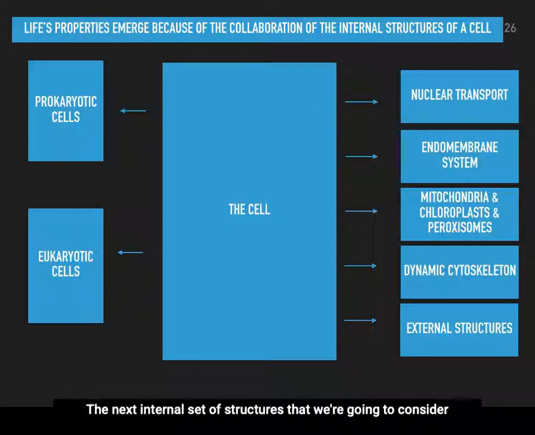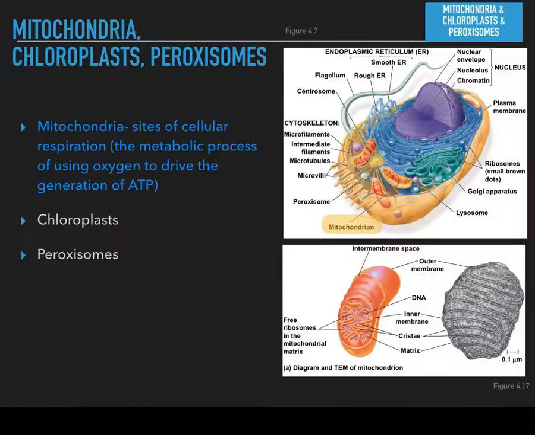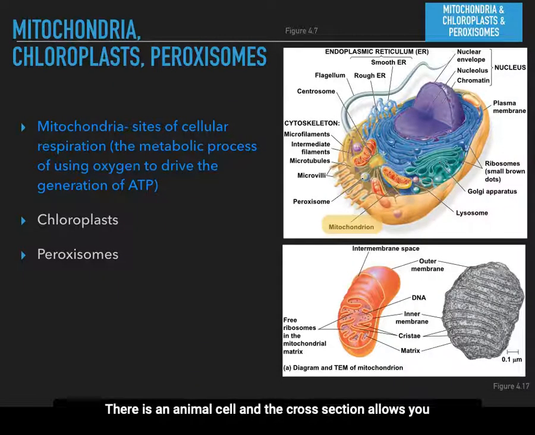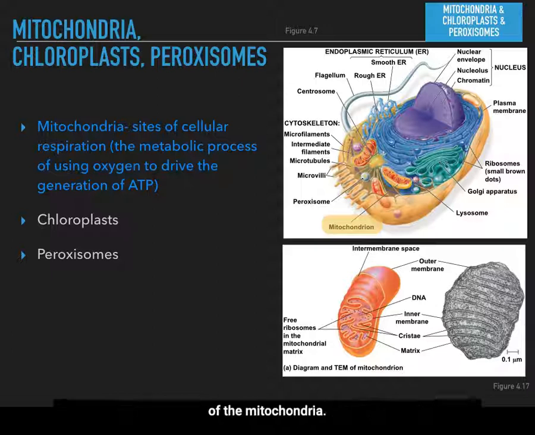The next internal set of structures that we're going to consider are metabolic compartments: the mitochondria, the chloroplasts, and the peroxisomes. In the image on the top right, there's an animal cell, and the cross section allows you to visualize the mitochondria in a yellow-orange color. In the lower right, there is a drawing of the mitochondria as well as the TEM of the mitochondria.